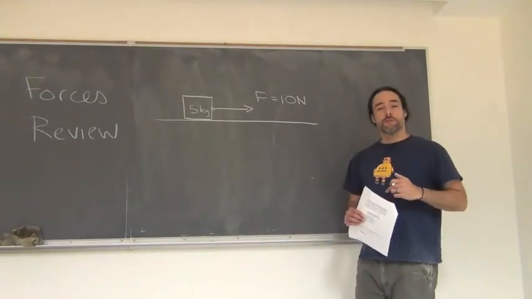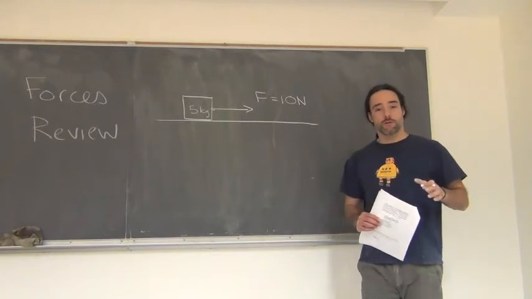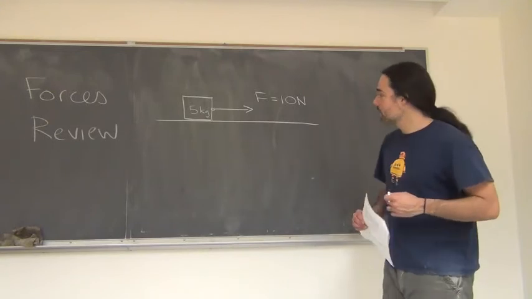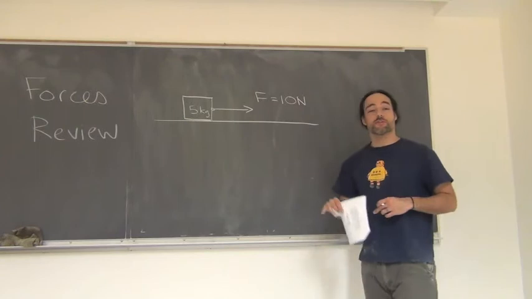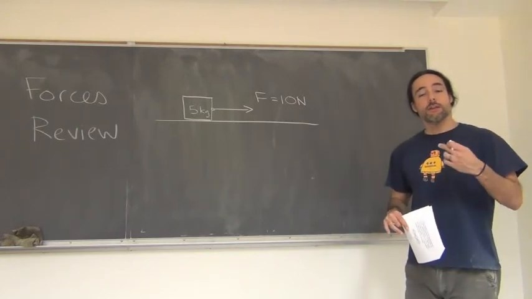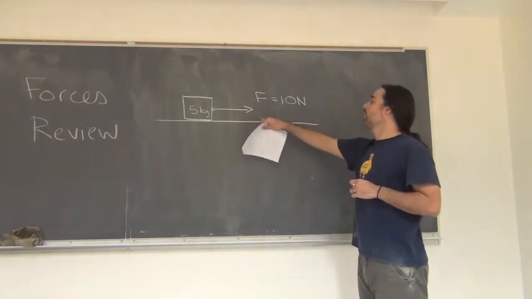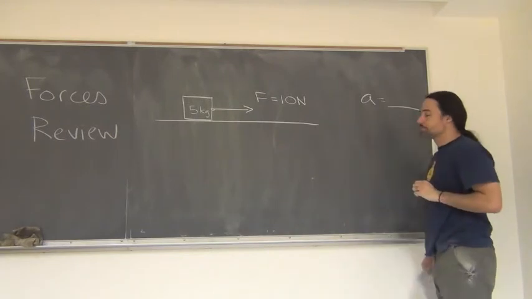Let's review how to solve force problems mathematically as we did last semester. We'll start with one-dimensional forces, and from that we'll build up to two-dimensional forces. So suppose we have a mass of 5 kilograms and a force of 10 newtons that is being used to pull on that mass. We want to know what is the acceleration of the block.